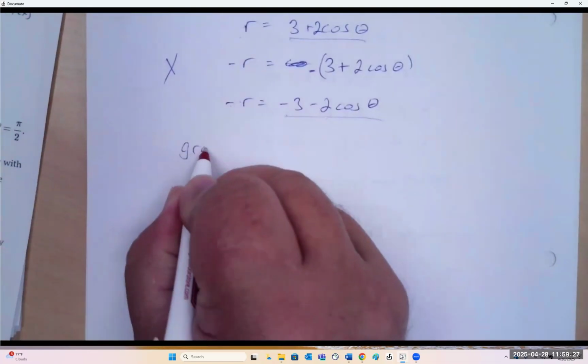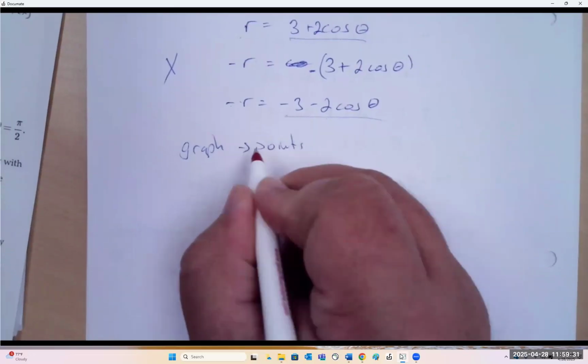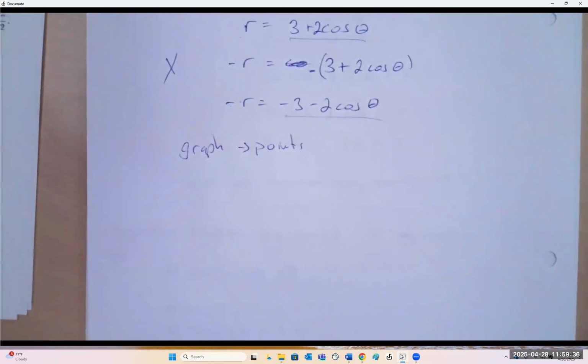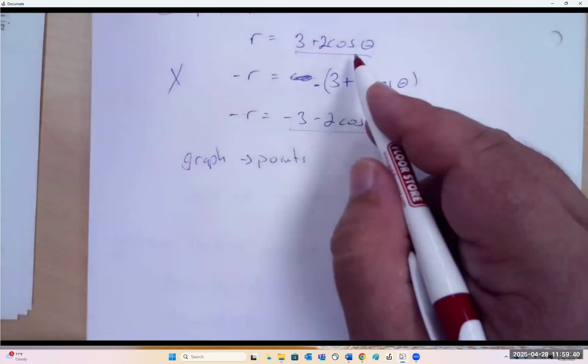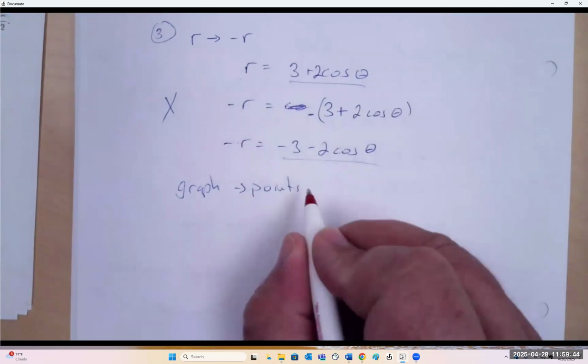Now the graph. We have to get points. Since we're doing cosine, 3 plus 2 cosine theta.